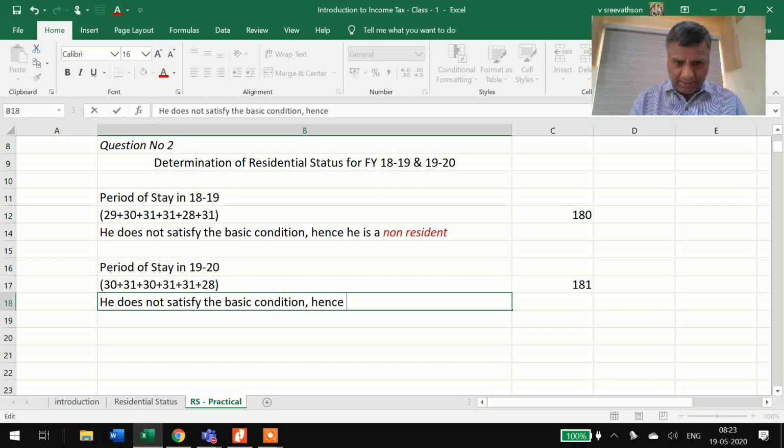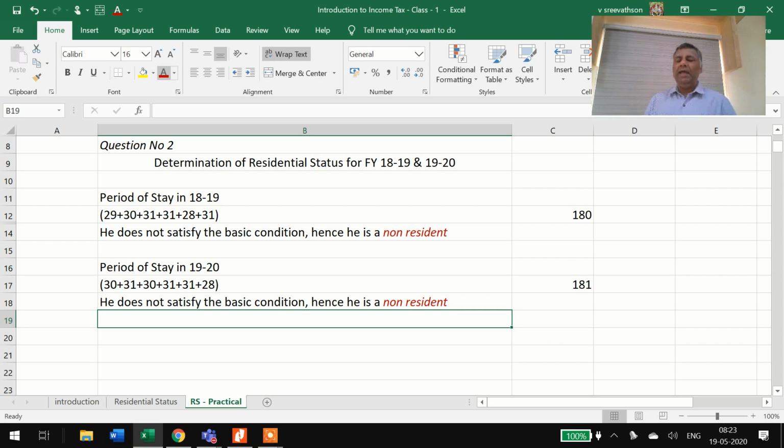Hence, he is a non-resident. My dear friends, in the second year also, he has only stayed for 181 days, so he has not satisfied the basic condition. Hence he is a non-resident.